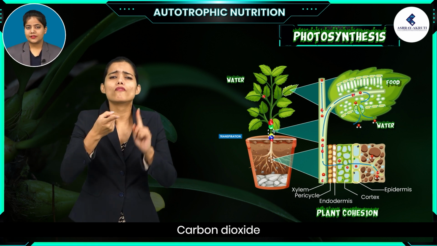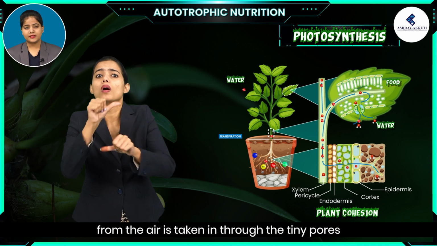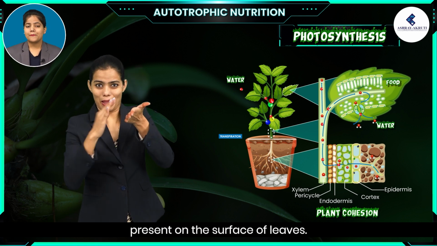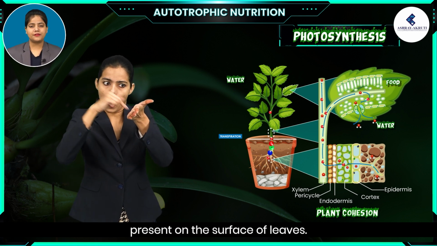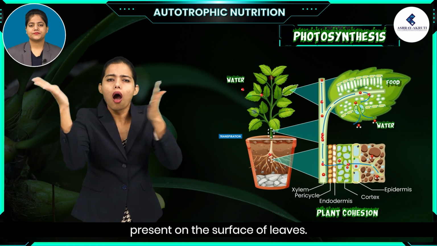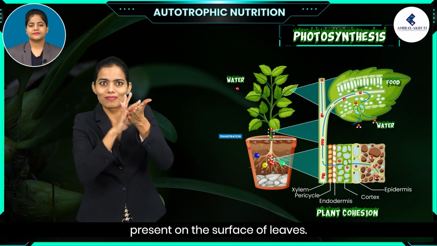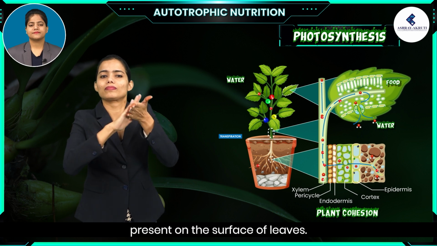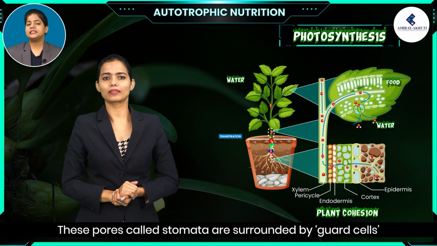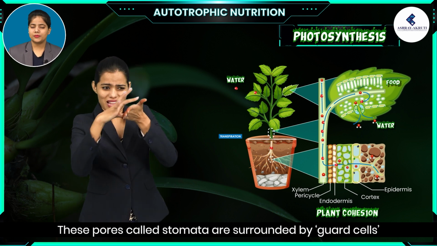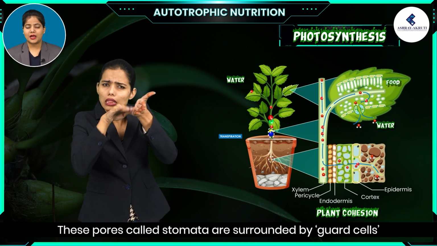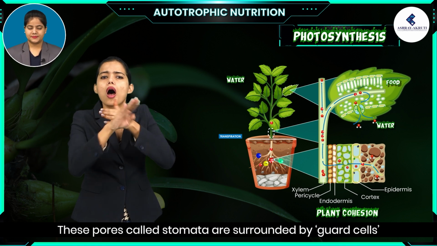Carbon dioxide from the air is taken in through the tiny pores present on the surface of leaves. These pores, called stomata, are surrounded by guard cells.